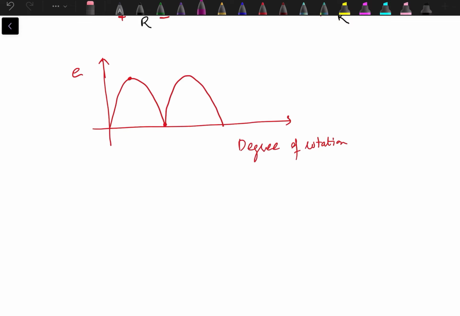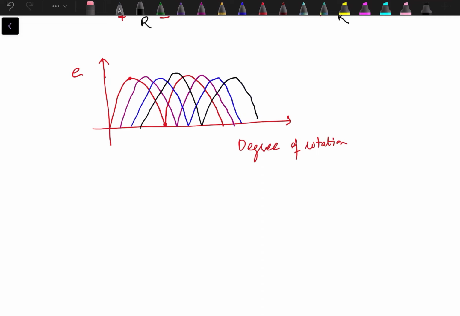So if this one is for the first coil, then it could be like this for the second, like this for the third, fourth, and then fifth, and so on.